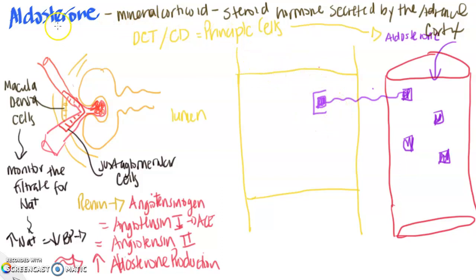This is a steroid hormone, so it is going to start protein synthesis, because that's how steroid hormones roll. All right, so this hormone is going to start the synthesis of proteins that are going to create channels on the luminal side for sodium.